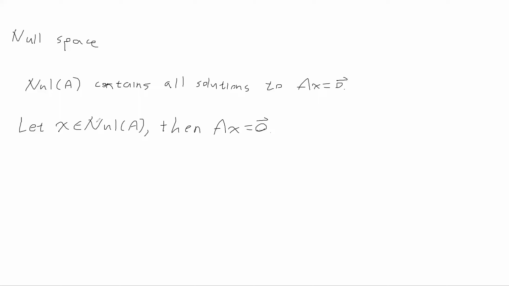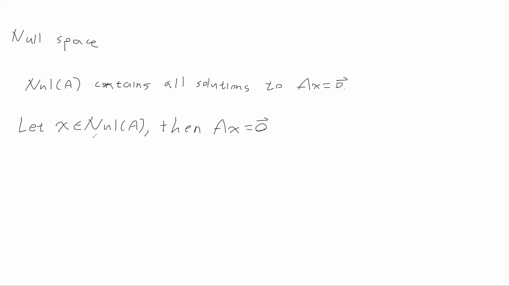The null space is actually very fun to work with, and very easy, because everything in this set, Nul A, is always going to give you 0. You can think of this as a group of people, and whenever you ask them a question, they always give you the same answer.